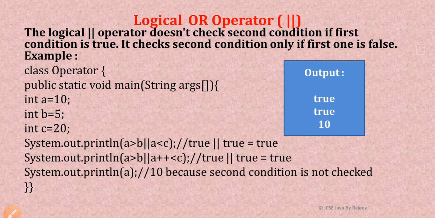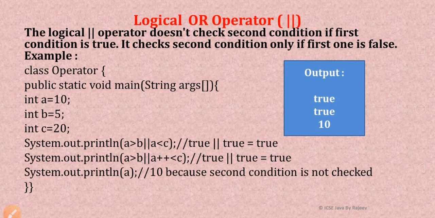Now second is the logical OR operator. The logical OR operator doesn't check the second condition if the first condition is true. It checks the second condition only if the first one is false. And in the OR operator, for example, I have 5 expressions and out of 5, suppose 4 are giving false and 1 is giving true.